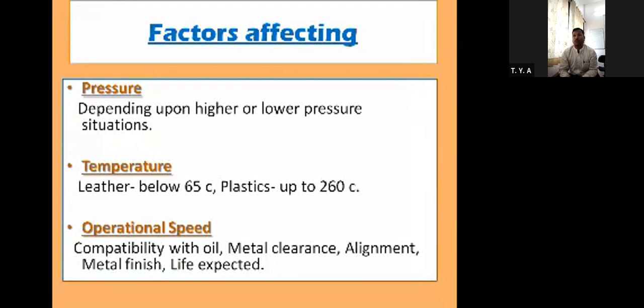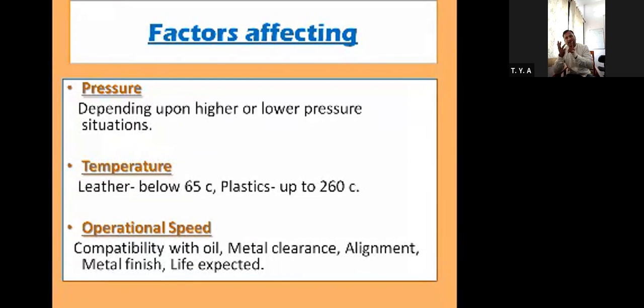Okay, so I was talking about the different factors we need to take into consideration while selecting the proper or correct sealing. The first parameter is pressure, because pressure is the most predominant factor that decides the type of seal and its material.